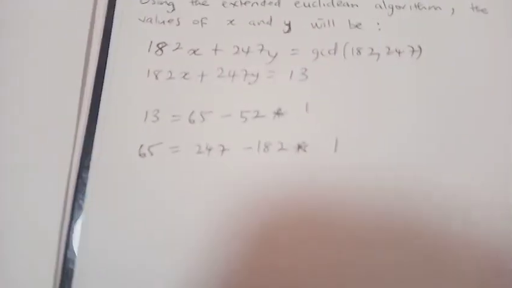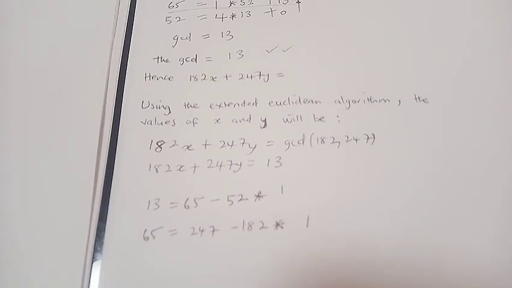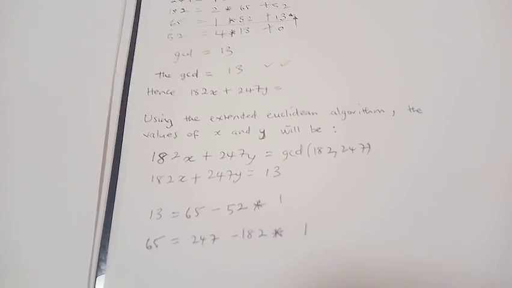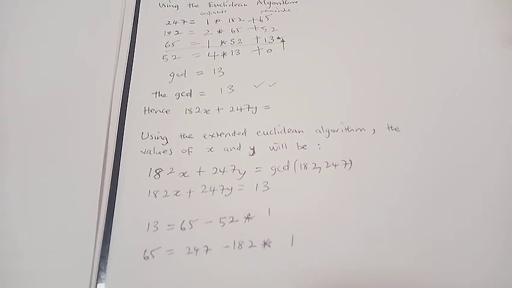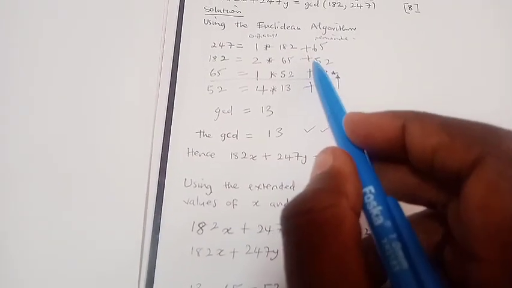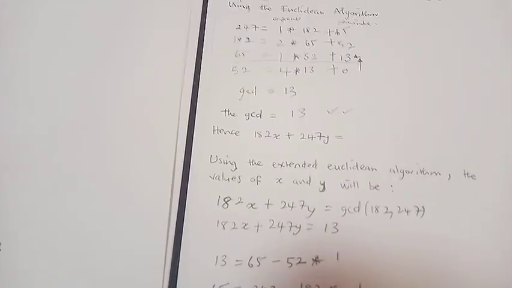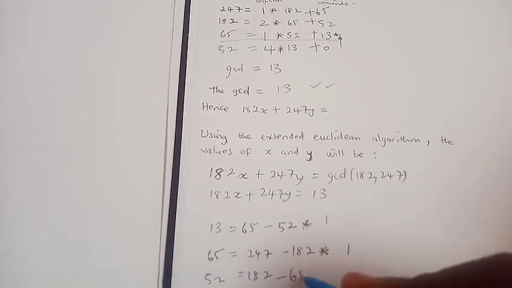With these two equations, I can now use them to substitute. For simplicity, I'll also do this one for 52 again, and say 52 is equal to 182 from the initial equation minus 65 multiplied by 2.